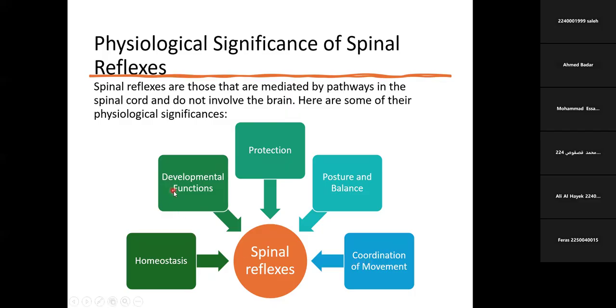Then we have got developmental functions. A small baby does not have fully mature neurons, does not have fully mature motor functions. First day, second day, they cannot move their limbs much. After a few days, they start moving their legs and their hands.